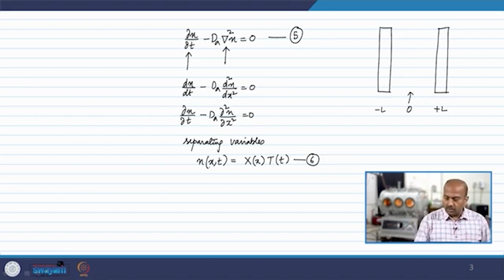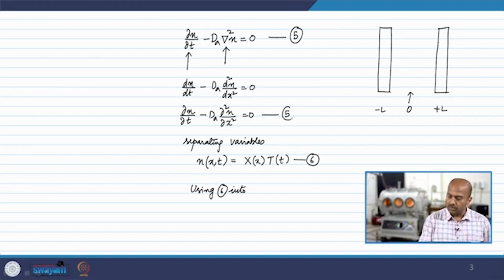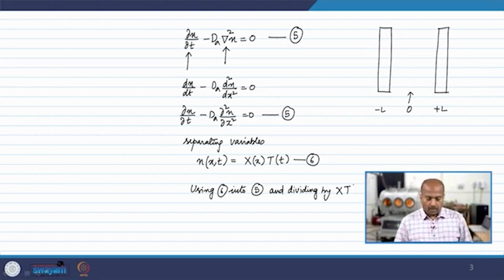So, we can substitute 6 into 5, this is also equation number 5, the same form, right, and divide by, let us say, capital X times capital T. So, what will we get?